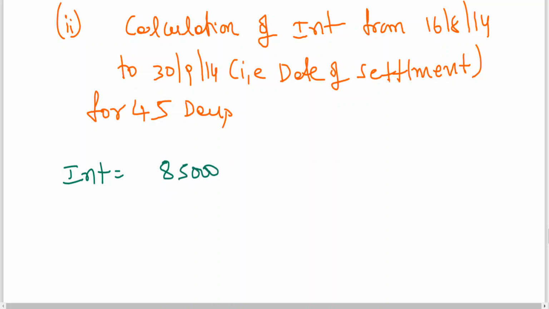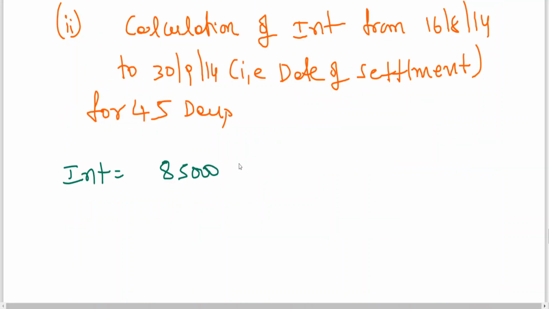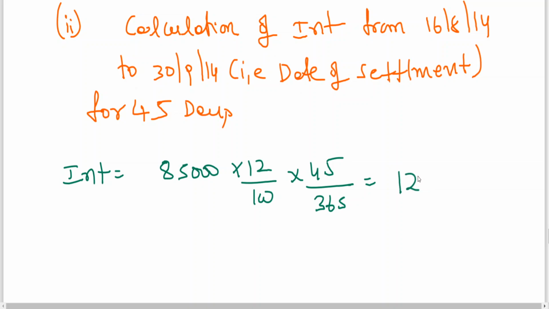And what is the rate of interest? 12%. 85,000 into 12% into 45 by 365, it is coming to 1,257.53. I am taking 1,258 approximate. Round off. Rupees 1,258 is the interest.